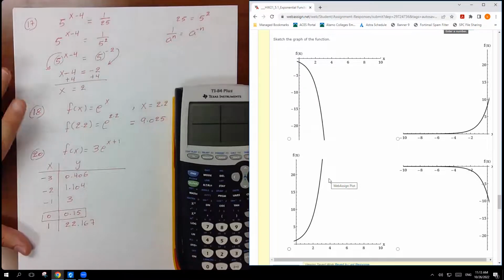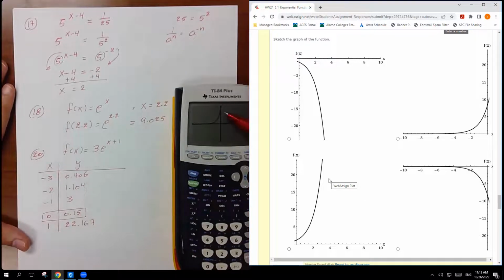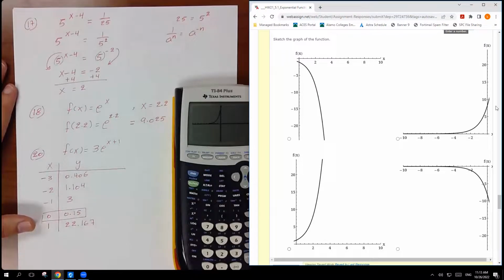This is the graph, and you can tell this is the intercept. We can't tell which one is the right one, but we're going to depend on the intercept, which is 0.15. Check the intercept here. The y-intercept is 5, 6, 7, 8.